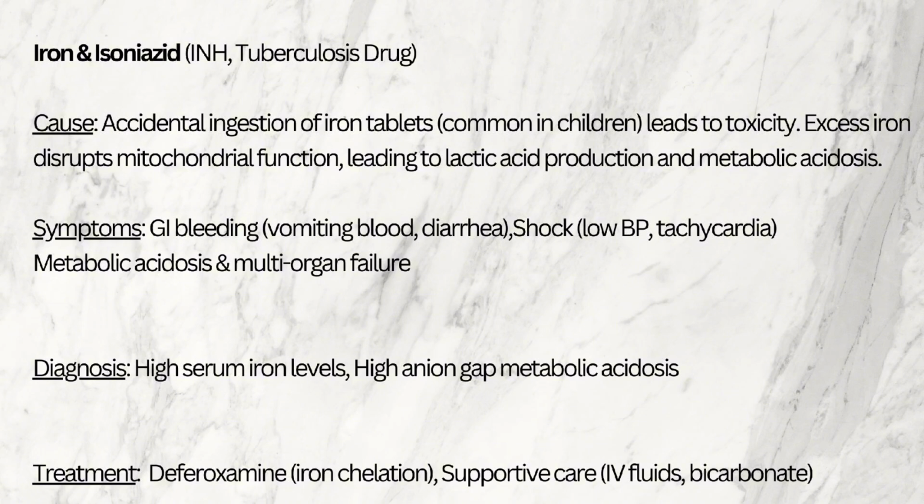Once its function is disrupted, there is reduced production of ATP, and the body will tend towards anaerobic metabolism. One of the things that happens as a result of anaerobic metabolism is that lactic acid will be produced in excess. Eventually there will be lactic acidosis, leading to metabolic acidosis.